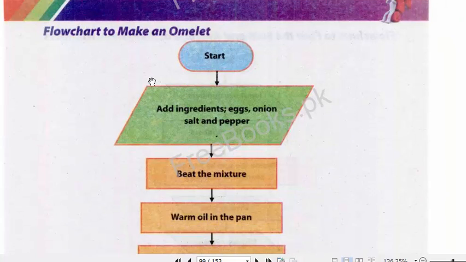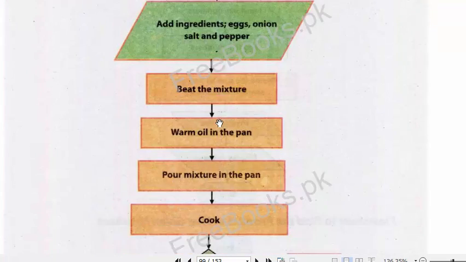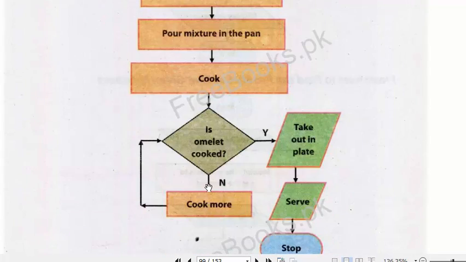Next flowchart is to make an omelette. A person who has tried making omelette and tea can understand this. Start. Add ingredients: egg, onion, salt and pepper. Beat the mixture. Warm oil in the pan. Pour mixture in the pan. Cook. Is omelette cooked? Yes. Take it out in the plate and serve.